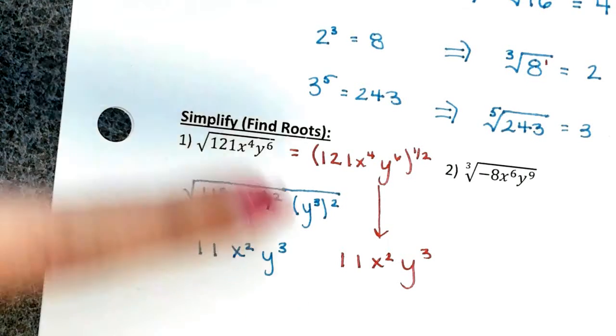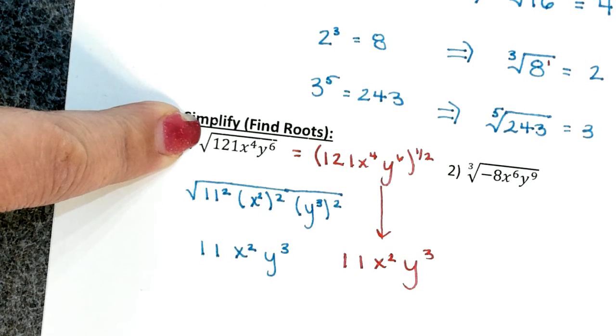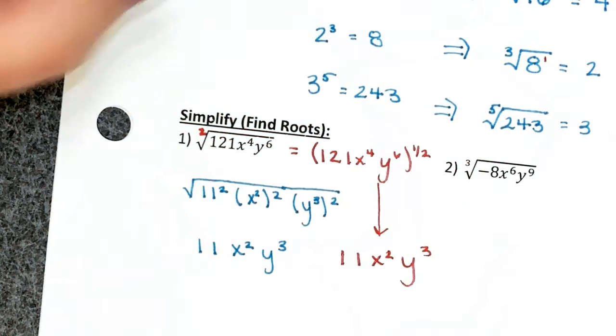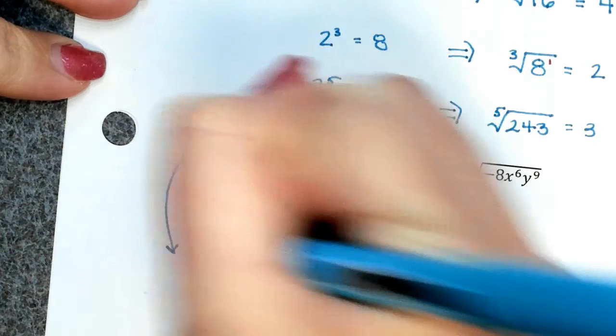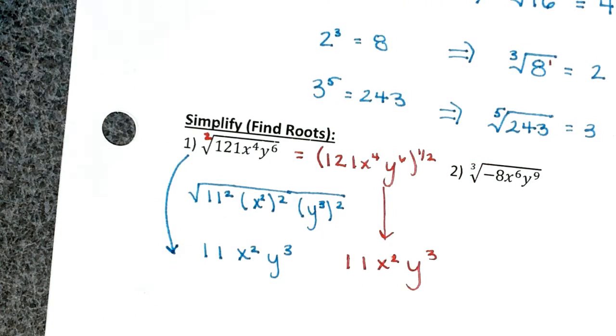But what's your index here? What's your invisible index? The 2. A square root is a 2. Look what happens in your exponents from the beginning to your last step. Other than the 121, because you can't see an exponent on it, what's happening to those exponents?